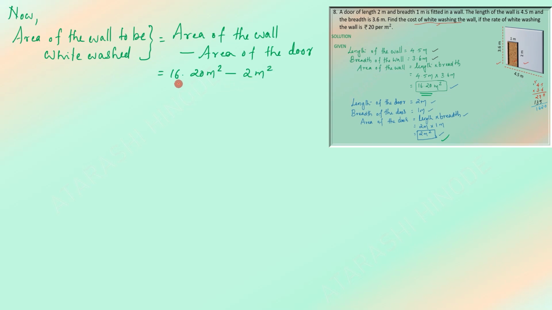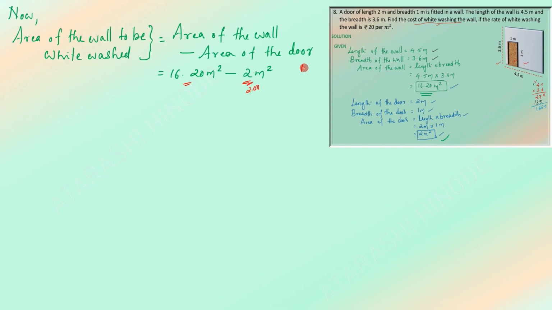Now how to subtract 2 from this number? Here you can see 2 decimal places. So we have to do the same here also. Because of these two decimal places, this 2 becomes 2.00.